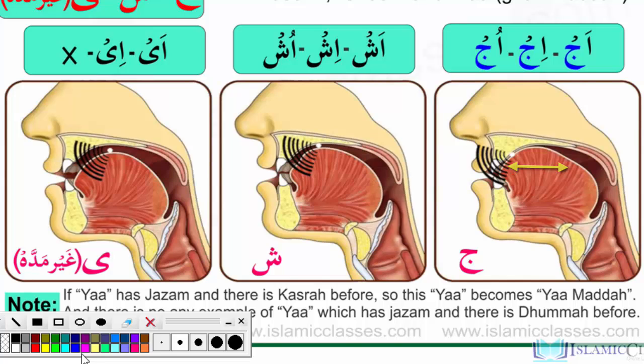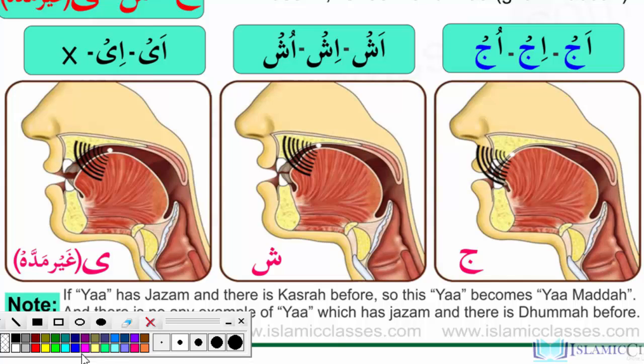When we touch the middle part of the tongue on the middle part of the roof, the middle palate, on the opposite side, then we pronounce these 3 letters.